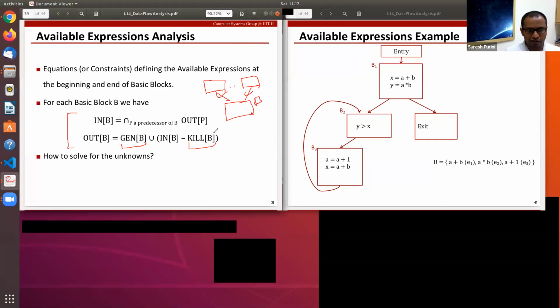So we set up a system of equations or constraints by writing down these two equations for every basic block, and then we solve for it. So this is what is called a transfer equation. And this is the meet operator or meet equation, whatever you want to call it.